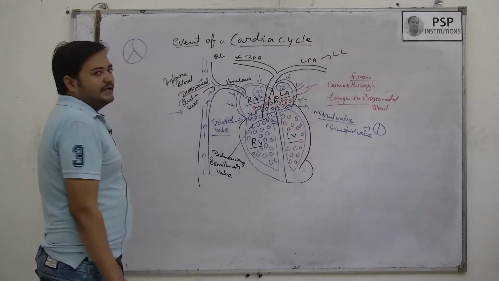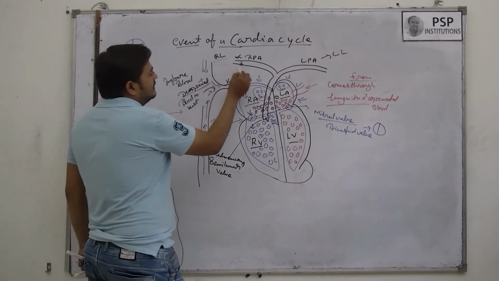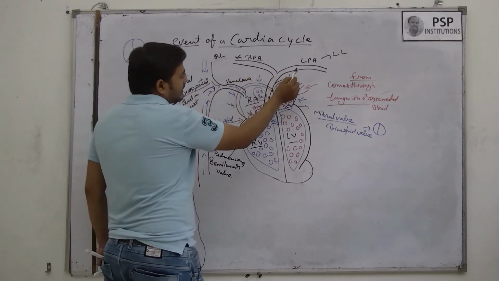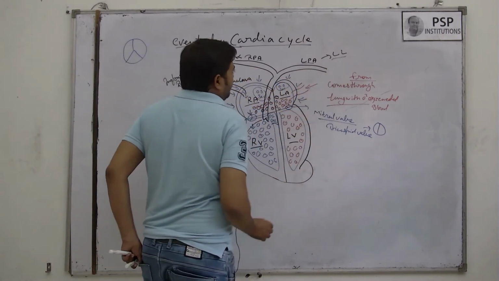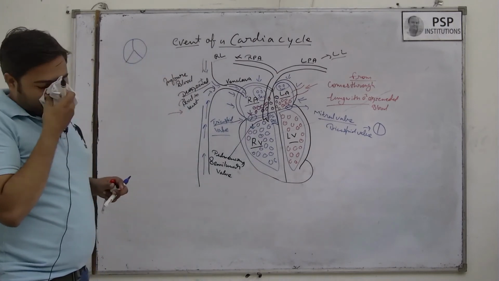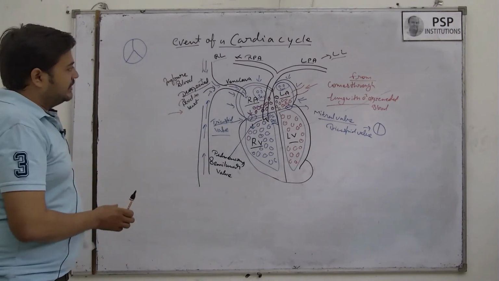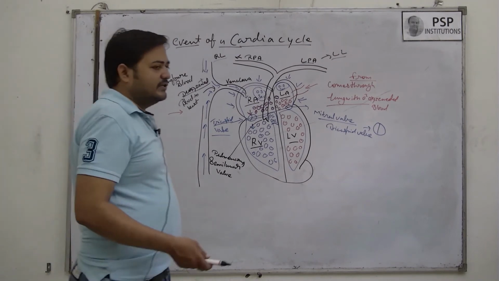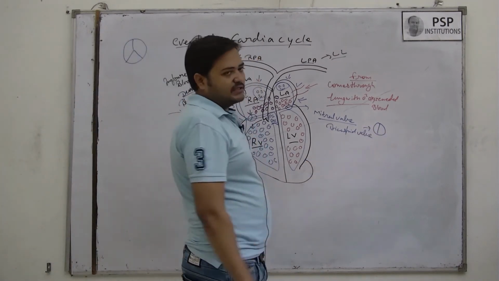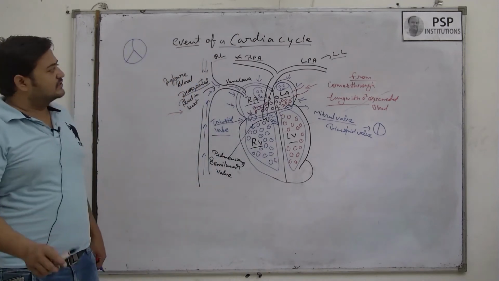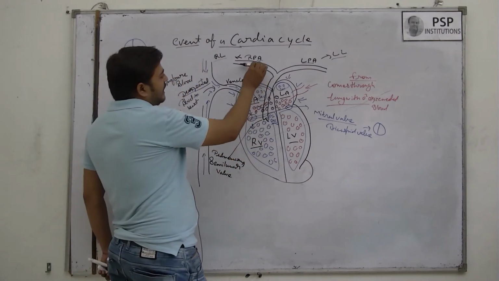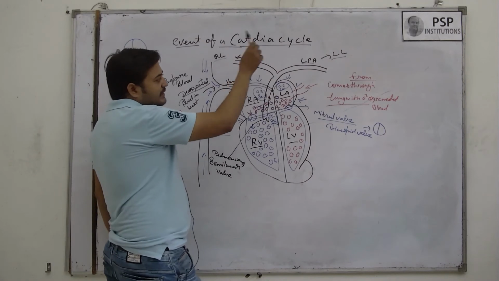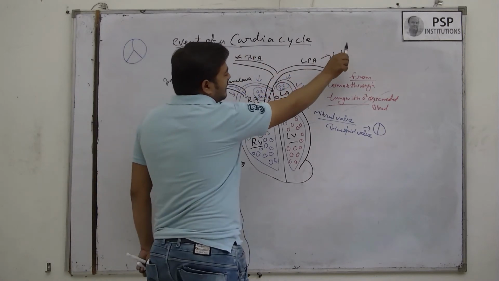I am writing in short: right pulmonary artery to right lung, left pulmonary artery to left lung, for deoxygenated to oxygenated blood. We already discussed in the respiratory system how the gases are exchanged in the lungs. So the right pulmonary artery goes to the right lung, and the left pulmonary artery goes to the left lung.